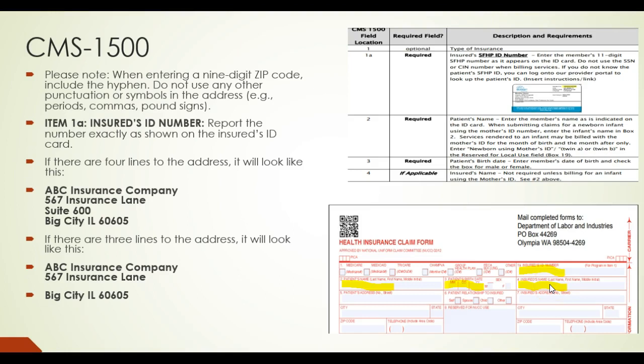Now, it's not applicable for the most part, unless you're billing for an infant maybe or a child and you have to use the mother's ID, then you want to put that parent's name there. Okay? All right.